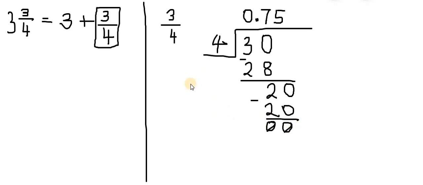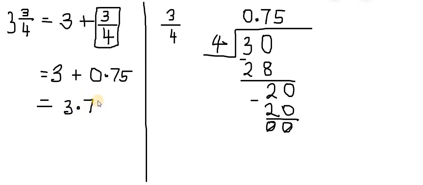Okay? So, 3 over 4 is 0.75. So we come back over here and say 3 plus, instead of 3 over 4, 0.75. And then that's 3.75.